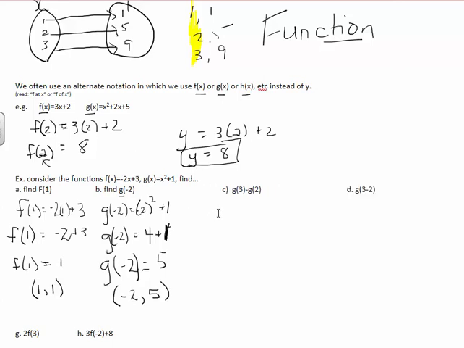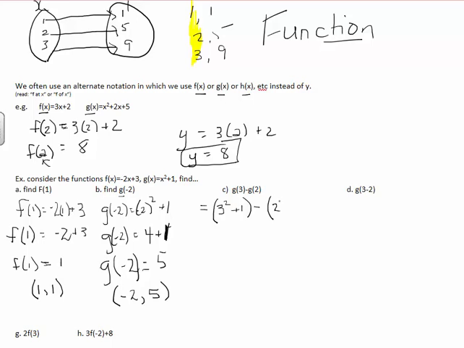All right, now we have an example here where we have g at 3 subtract g at 2. So the first thing we have to do is figure out what g at 3 is equal to. Then we have to figure out what g at 2 is equal to, and then we take our final answers and subtract them. So our first one is 3 squared plus 1. So that's g at 3, subtract, and the brackets will help you with your order of operations, keeping things organized.